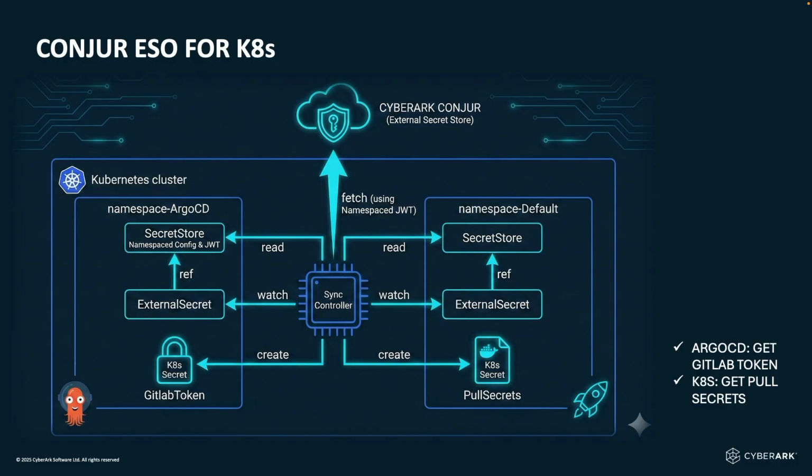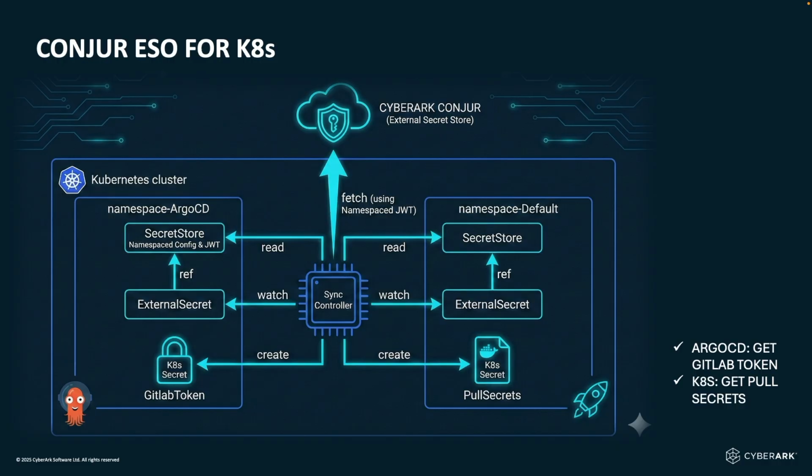So the ESO controller will keep monitoring the secret in Conjur and update directly to the Kubernetes secret in this case. So in terms of deployment, ArgoCD or the Kubernetes deployment process doesn't need to run an external step or external tools to connect to the Conjur anymore. It just connects to the Kubernetes secrets and gets the right information to do its job.